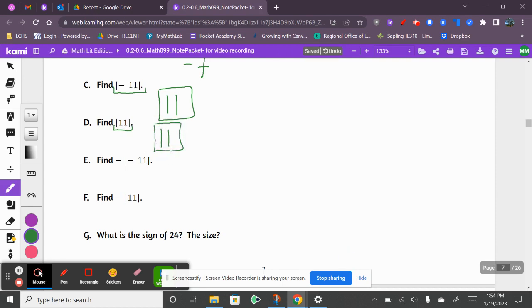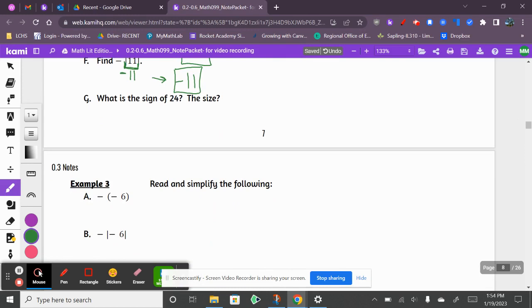Now when we look at E and F, if we just took the absolute value part here, that alone is just 11, but we have a negative in front of it. So our final answer is negative 11. And the same thing with this one. Just the absolute value part is going to be positive 11, but there's a negative in front, so we have negative 11 as our answer.